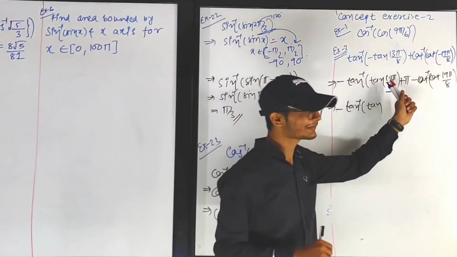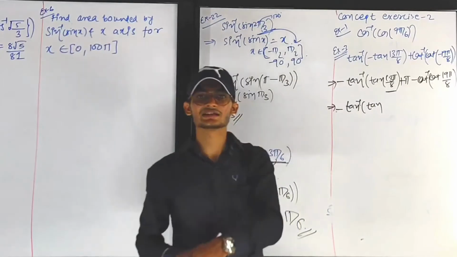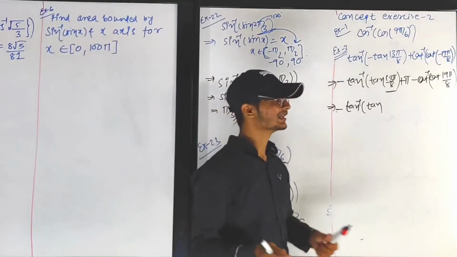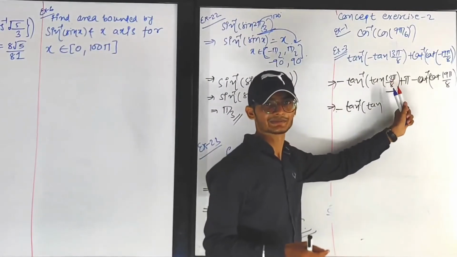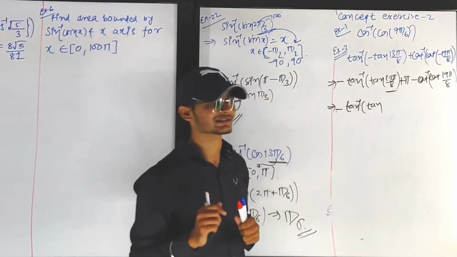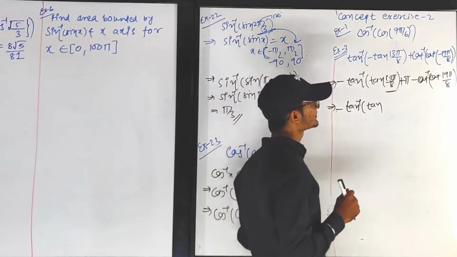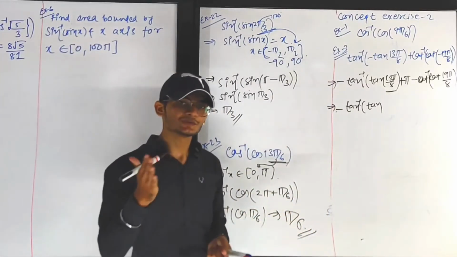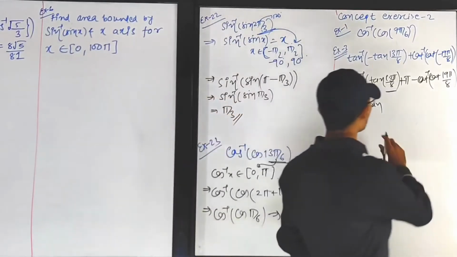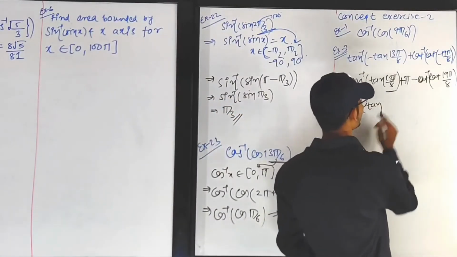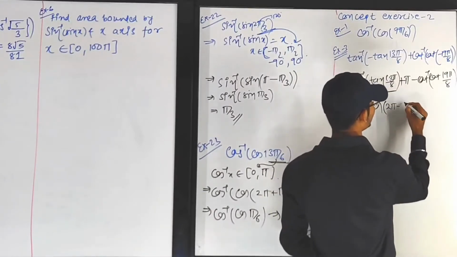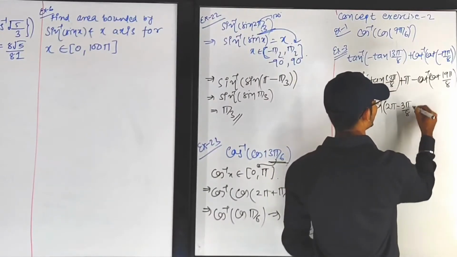But here 13 pi by 8 does not lie in minus 90 to plus 90; it is greater than 90. So first of all we have to convert 13 pi by 8 into the minus 90 to plus 90 range. So tan inverse of tan can be written as 2 pi minus 3 pi by 8.